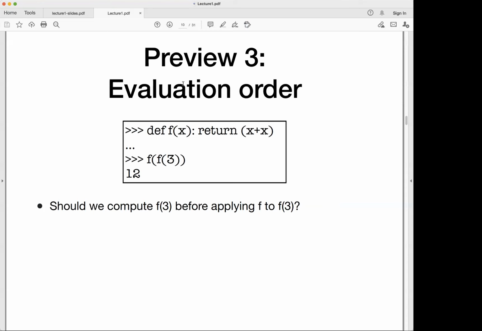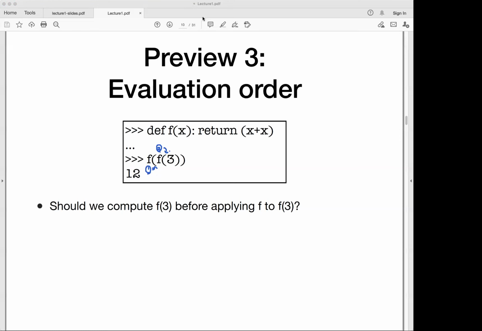So we have two function applications, one for the outermost, second, the innermost. Does function application 1 happen before 2, or does function application 2 happen before 1? Okay. In Python, 2 happens before 1, but that's not always the case in all programming languages.